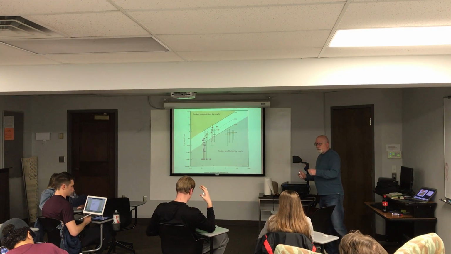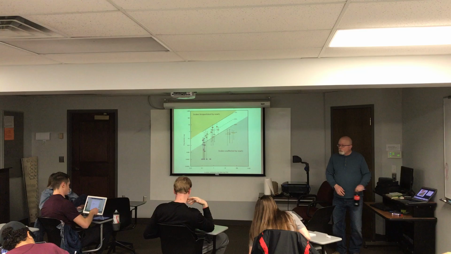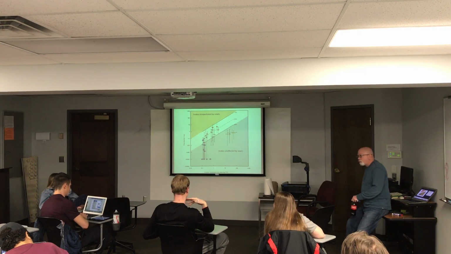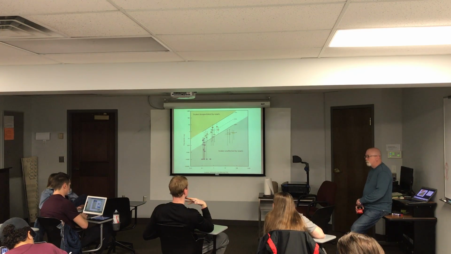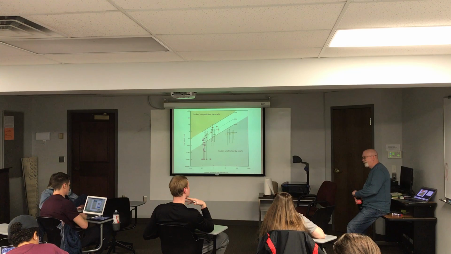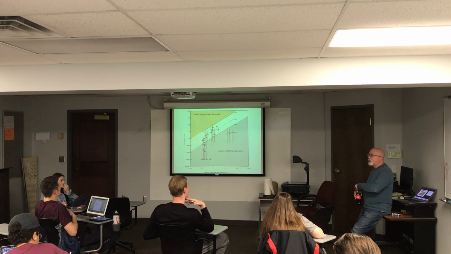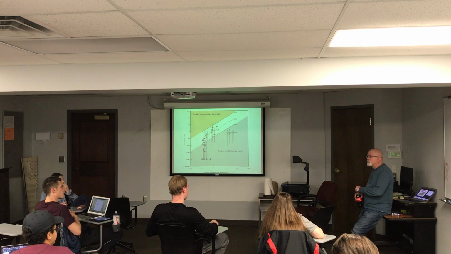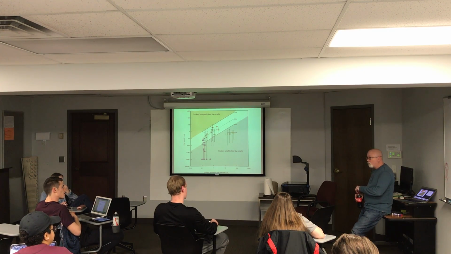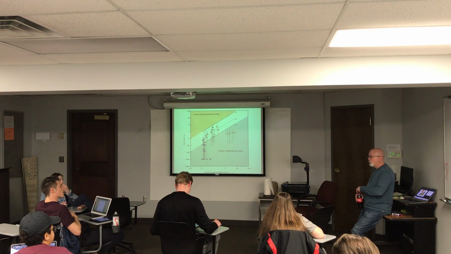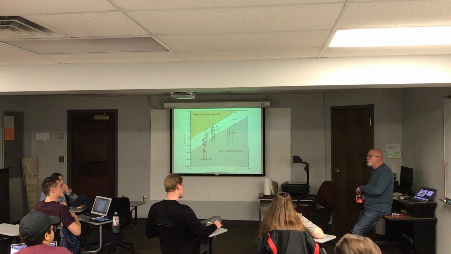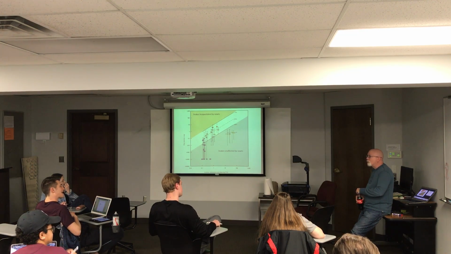Yeah? A basic question, are the newts evolving such that they produce more toxin or a more concentrated toxin? That's an excellent question. Actually, it turns out now that they think they're producing more toxin, not more toxic toxin. There are different isoforms of tetrodotoxin, but they all perform in about the same way.